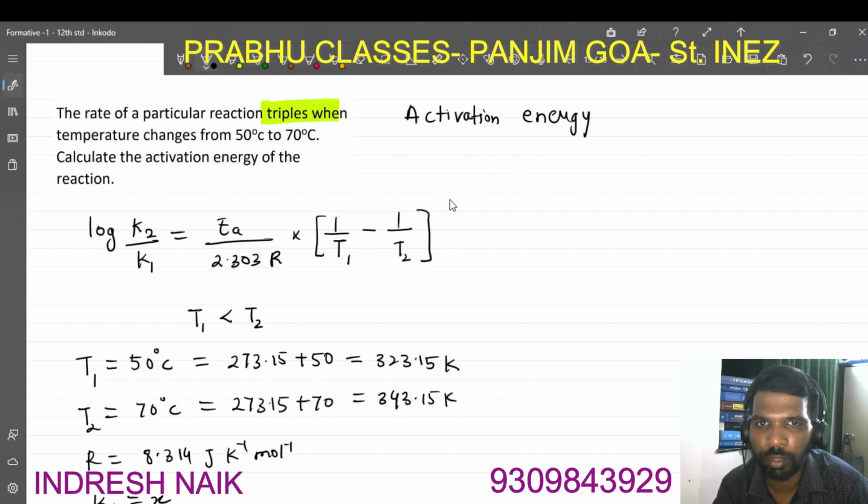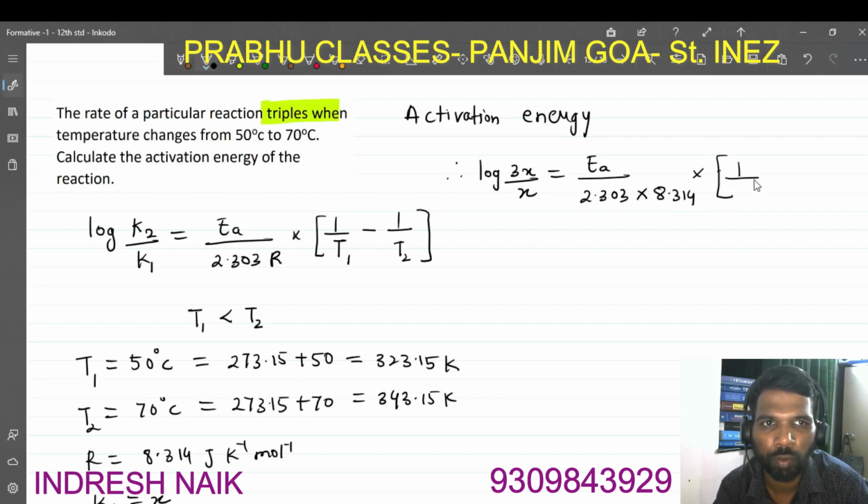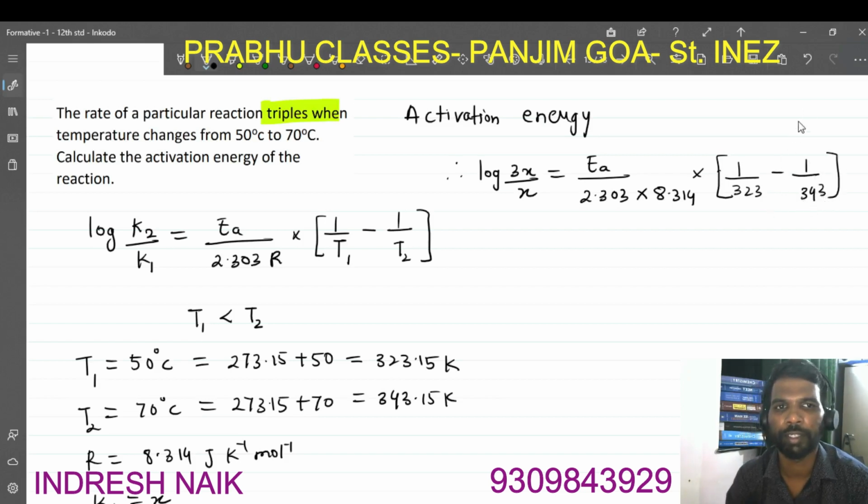So therefore, log of 3X upon X is equal to EA. This is what we need to find. This is 2.303 into R, which is 8.314, and this is 1 upon 323, only I'll take for simplicity, and this is 1 upon 343, right?